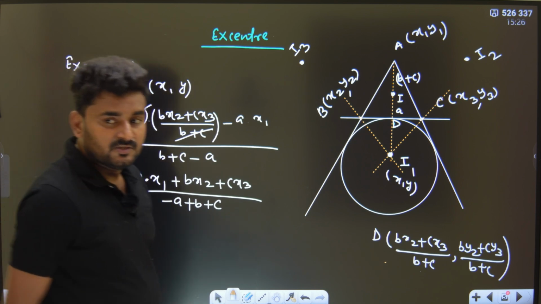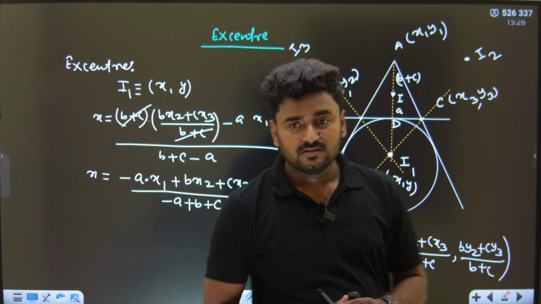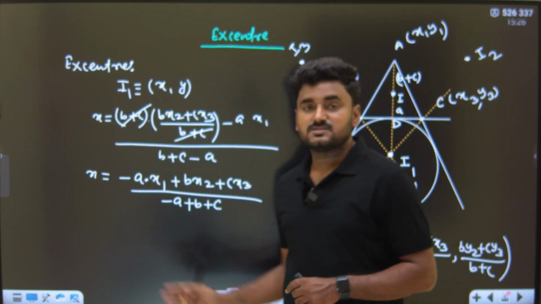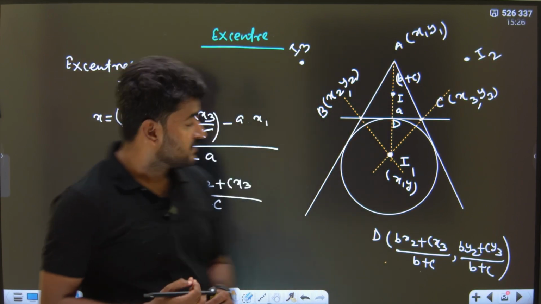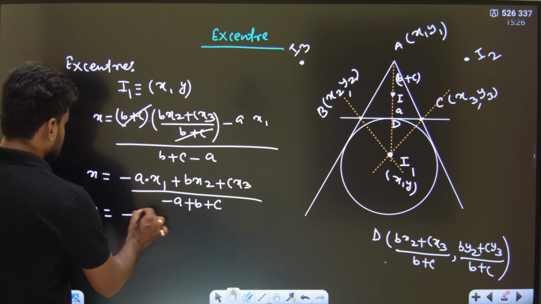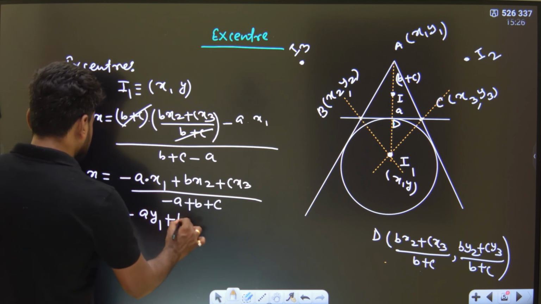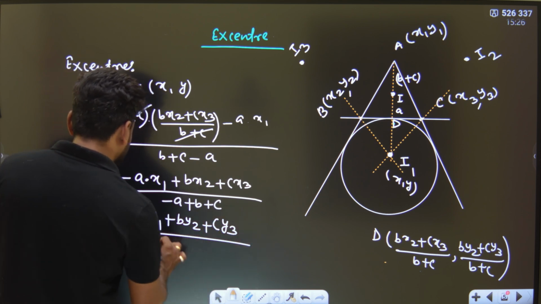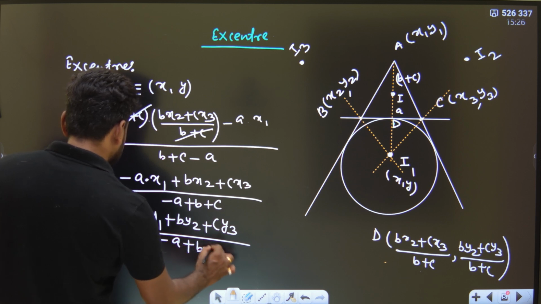So now, students, we got the abscissa of first Excentre I1. Similarly, y equals (minus Ay1 plus By2 plus Cy3) whole upon (minus A plus B plus C).